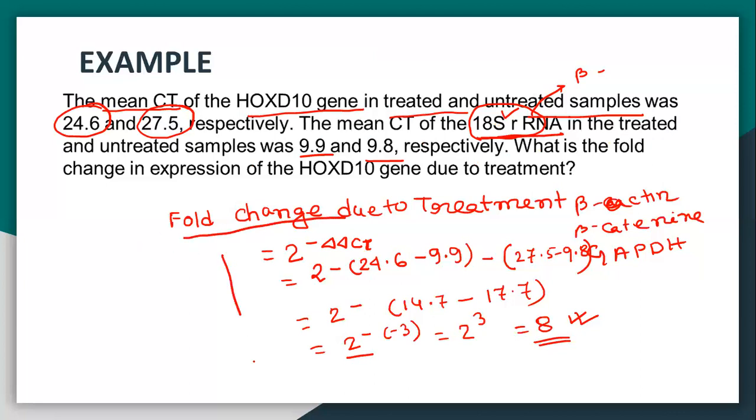So, in summary, you have to remember the formula 2 to the power minus delta CT, where delta CT is the treated minus internal control, right? These are the formulas for fold change in real-time PCR data, and in real-time PCR we can analyze RNA.